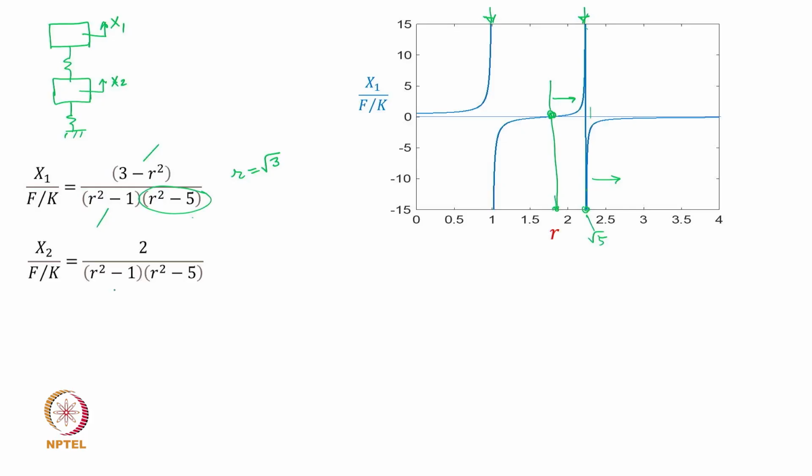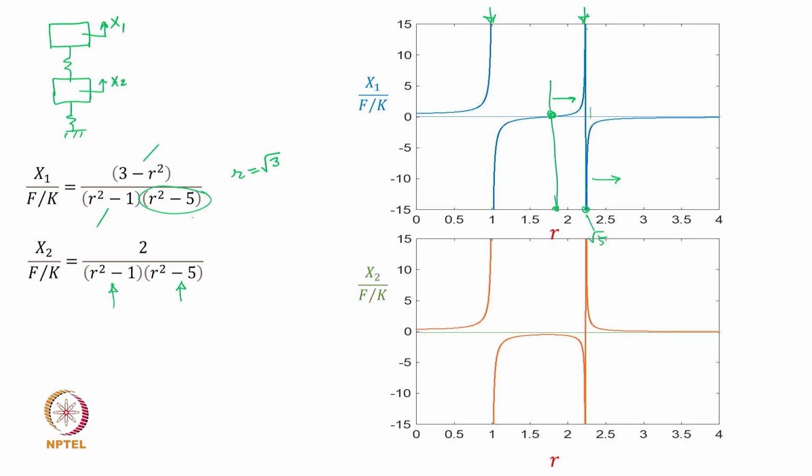So here also there are 2 resonances, and we expect for a multi-degree of freedom system all the masses will have the same resonance frequency. So the resonance frequency does not apply to individual masses, it applies to the entire system. That is important.